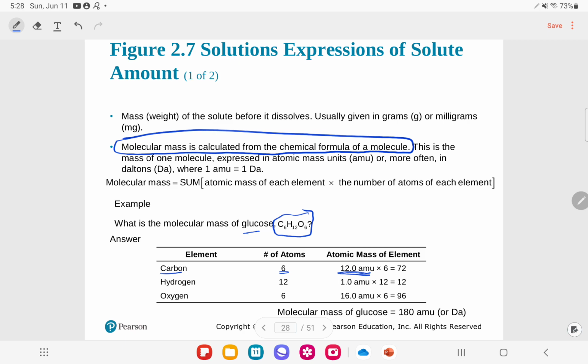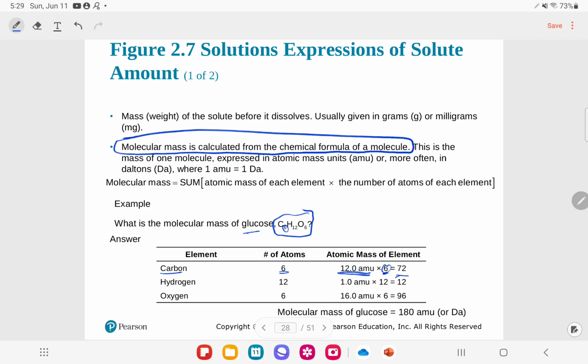And so we take the atomic mass and multiply it times how many atoms there are. There's going to be 6 in this case of carbon, so we take 12, the mass of 6 carbons, right?